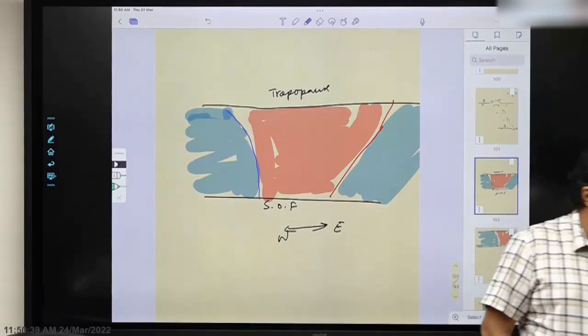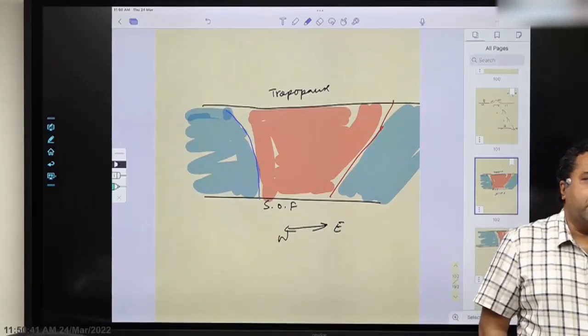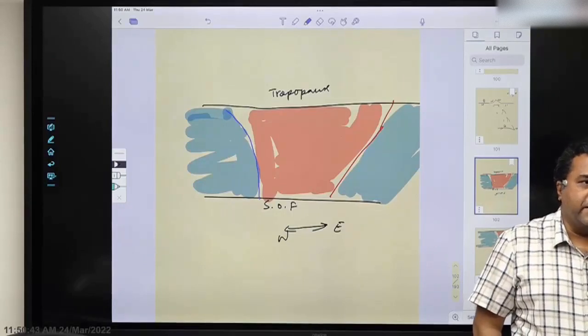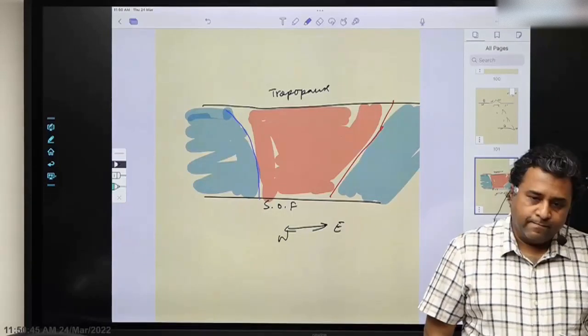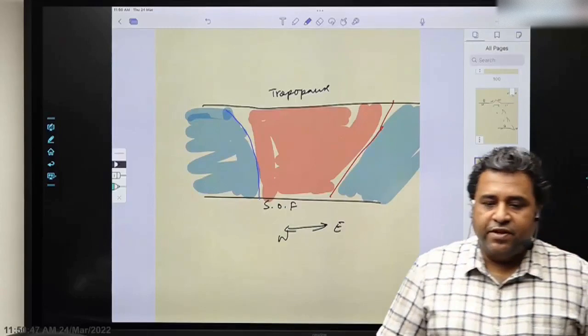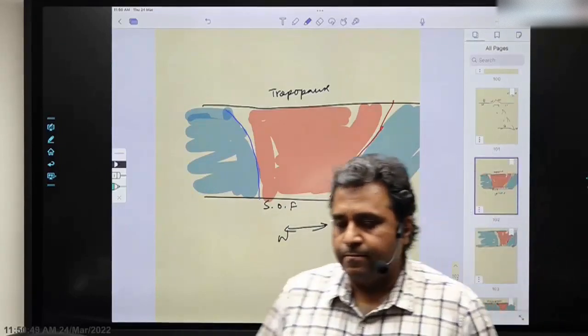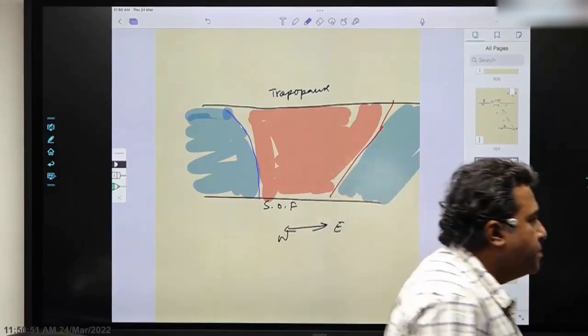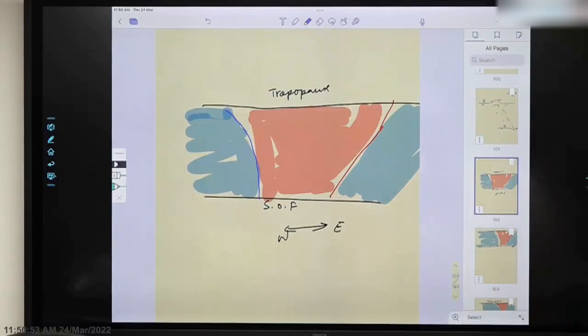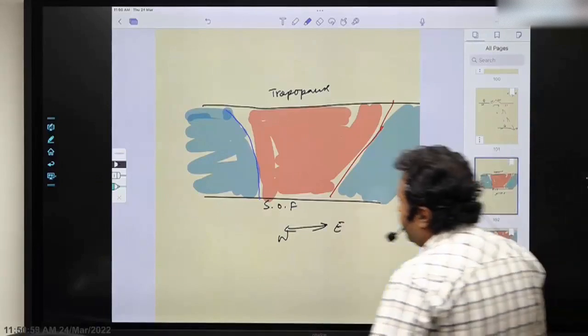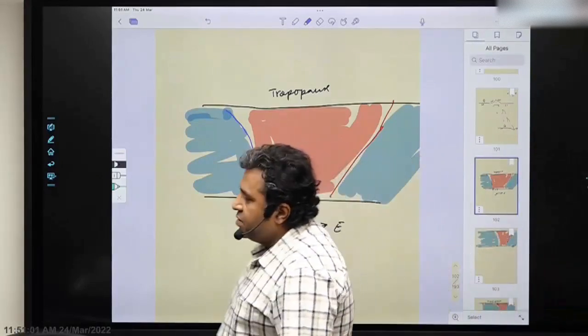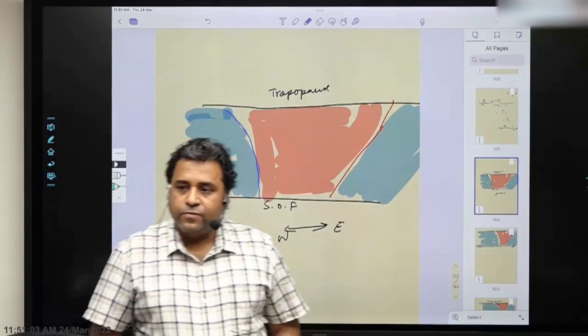West of the cold front we have the cold air mass, whereas between the cold and the warm front we have the warm air mass over the earth's surface.